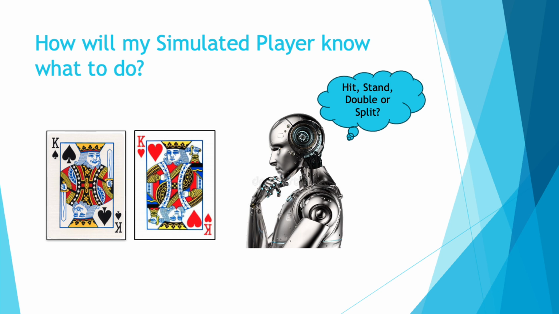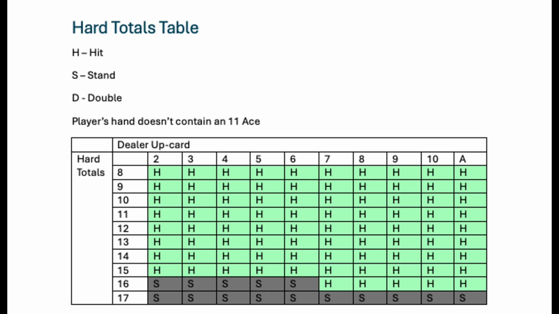When building a blackjack simulator, I'm going to have to instruct my simulation player on how to act in every possible situation they are dealt. I can do this with 3 main tables. These 3 tables will form the basis of my simulated player's decision making and strategy. The first table is the hard totals table, which covers situations where the player's hand doesn't contain an ace counted as an 11.